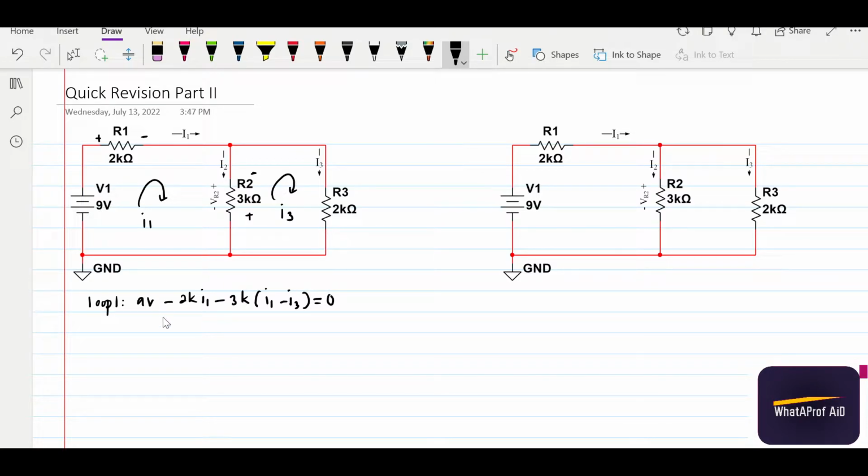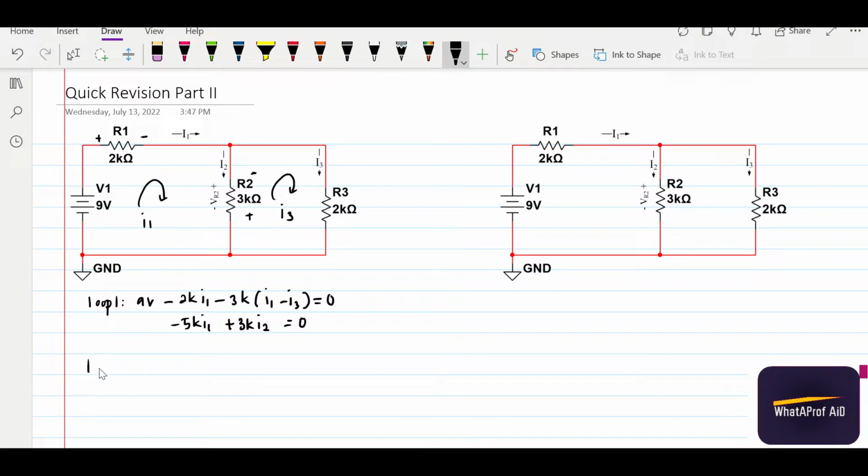So the loop is finished, Kirchhoff voltage law done. Then rearranging this equation, we will have minus 5k I1 plus 3k I3 equals to 0. This is the first equation.